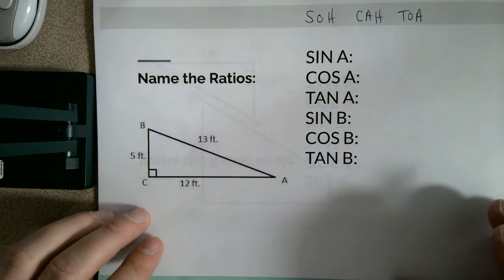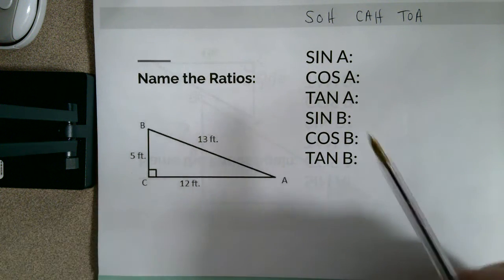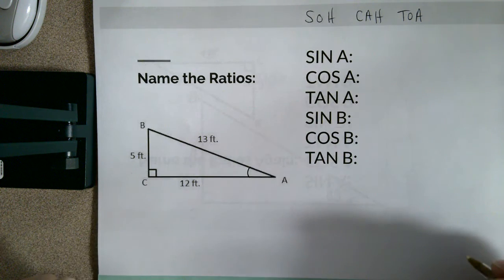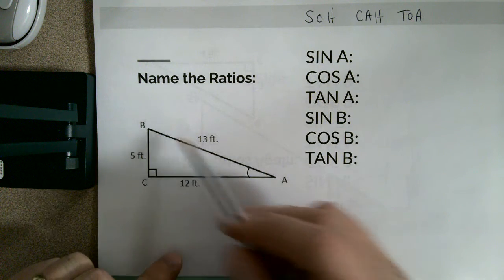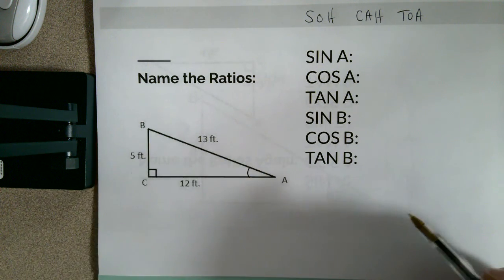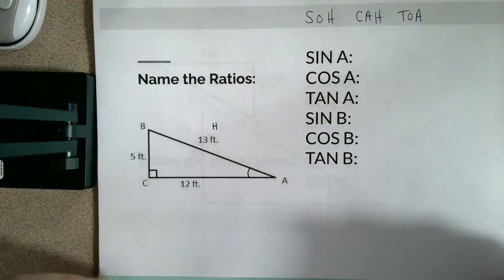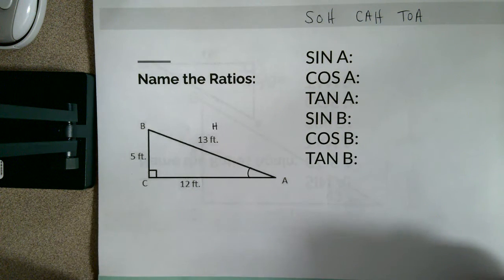Before we do these ratios in relation to angle A, let's identify our different parts. In this picture, AB would be our hypotenuse, so I'm going to put a letter H above the 13 to indicate that's my hypotenuse.